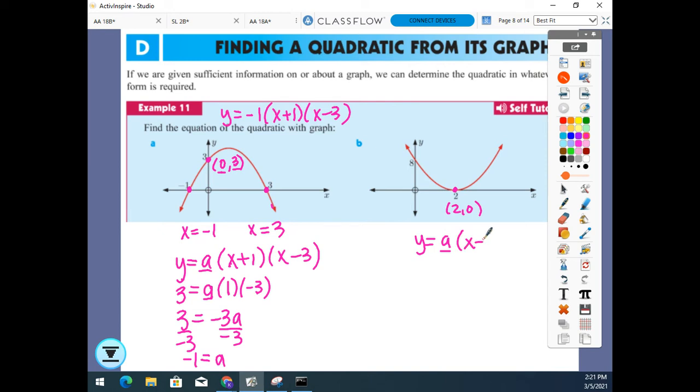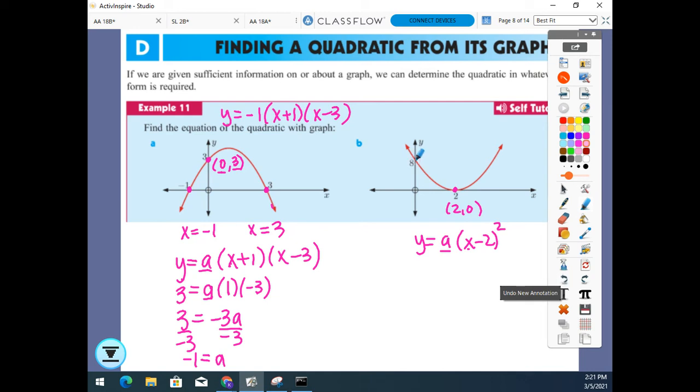So I can take x minus my x coordinate, squared, plus 0 technically, but we really don't need that 0, so we usually leave it off. And then you can see how it can be intercept form, because I could just write 2 of them at the same time. So anytime it bounces off the x-axis, it's always a quantity squared.